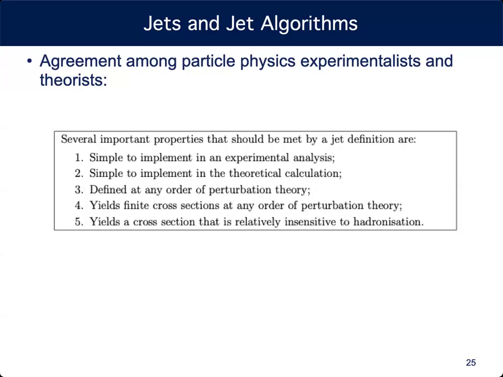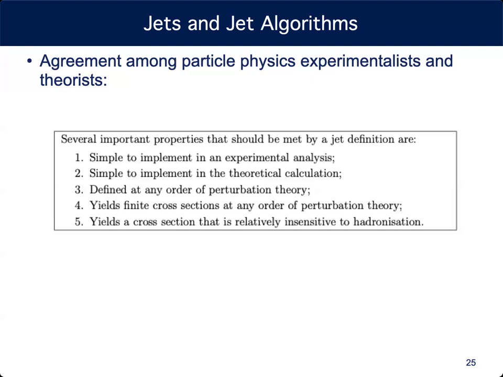We kind of needed to agree on that. So the jets needed to be something that was easy to implement for an experimental analysis, so that those of us who spend our time doing hardware and not necessarily calculating NLO QCD integrals would be able to do it and understand what we're doing.